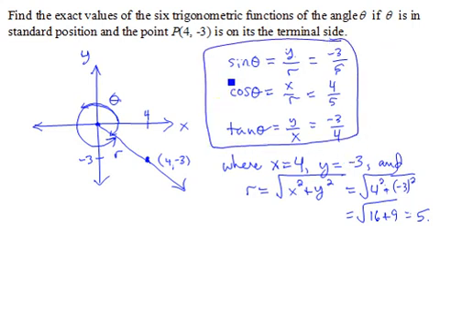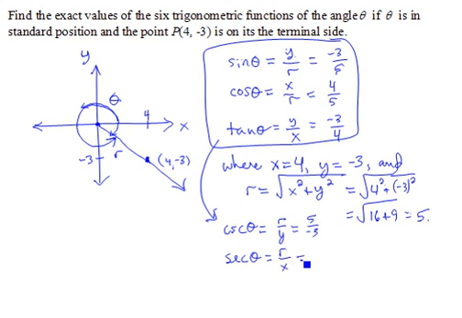To find the other 3 trig functions, I really just need the reciprocals of those. The cosecant of theta is the reciprocal of sine, that would be r over y, or 5 over -3. The secant of theta is the reciprocal of cosine, that's r divided by x, which is 5 over 4.